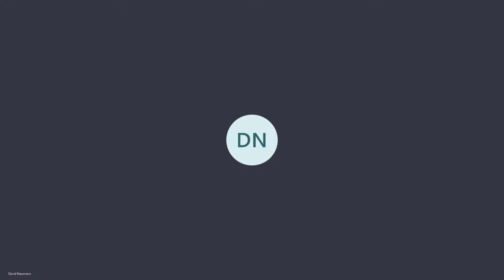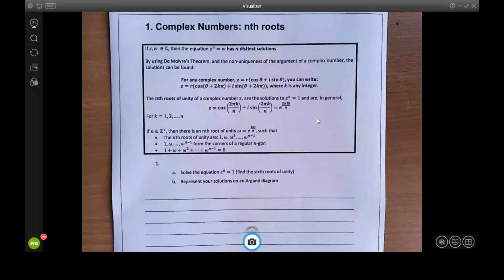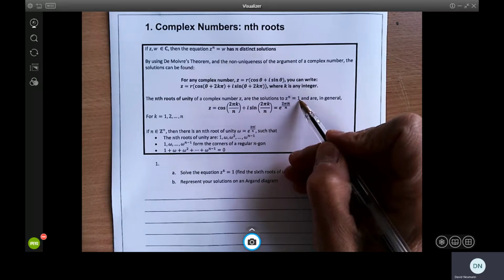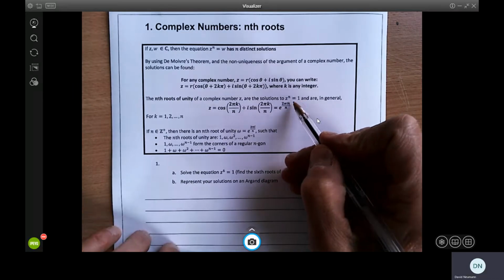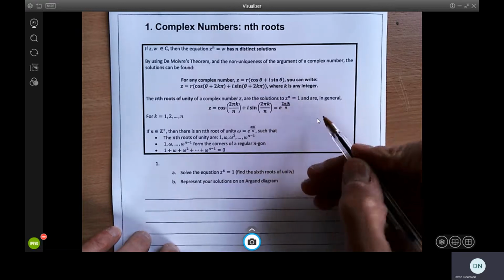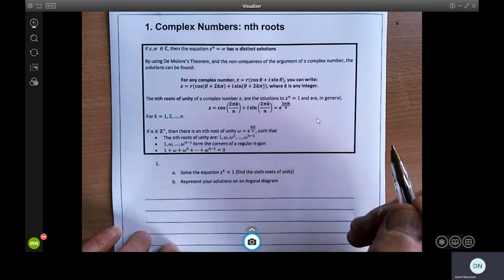So just switching to what's under the visualizer from the course workbook. If we think about the equation z to the power of n is equal to 1, where z is a complex number, that equation has n solutions.